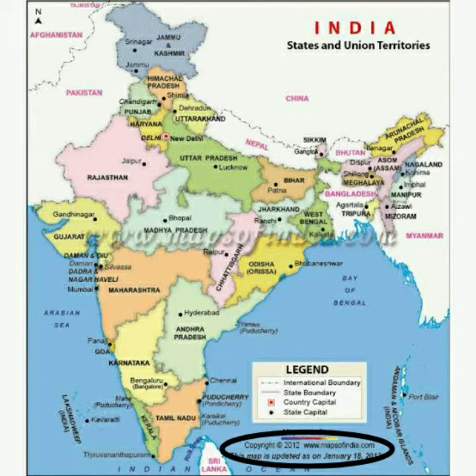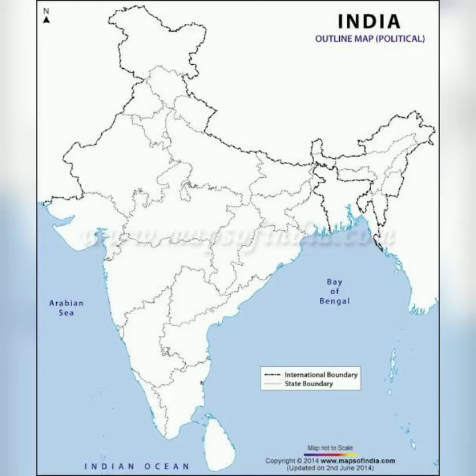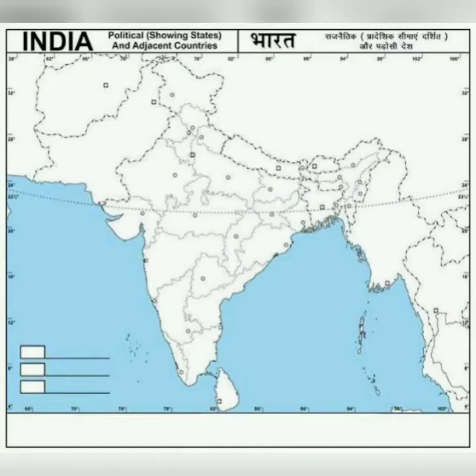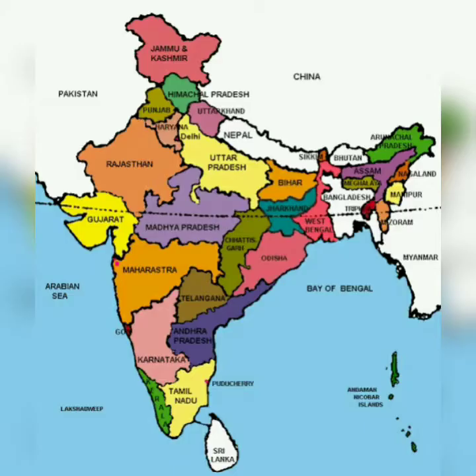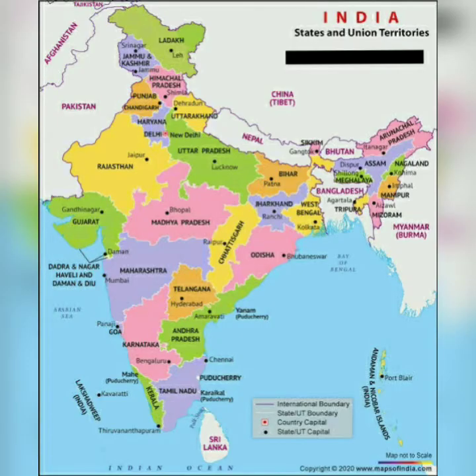In order to read the map of India, you need to know the states of India and the capitals of those states or union territories. One should be able to tell all these capitals, union territories and states. First of all, you should plot or locate the points on the map with a sharp pencil.